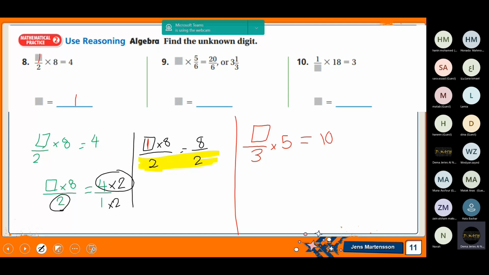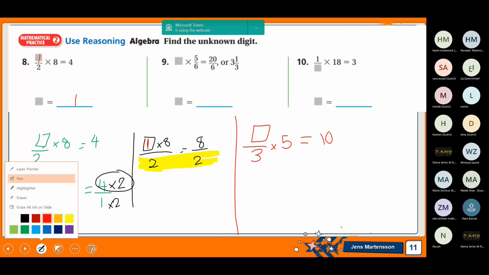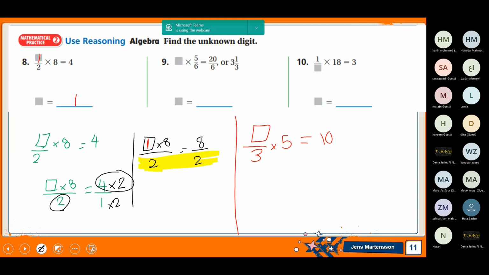How do you know what the number is? What do you have to do? I have to see what the number is. If I multiply it by 1, it gives me 3. We said that it's the square times 5 over 3 gives me 10. Now, look at the denominators. Are they alike?